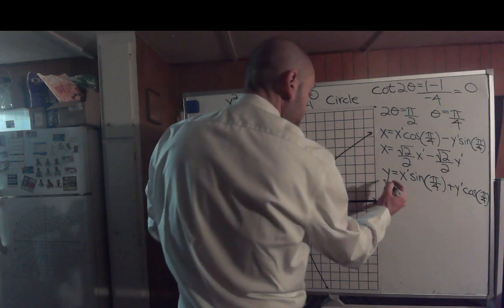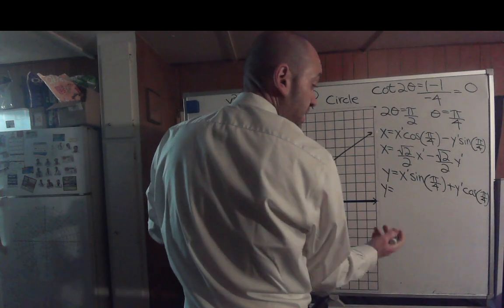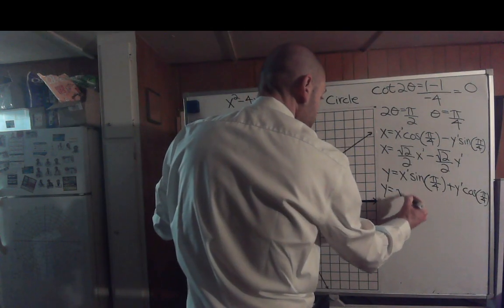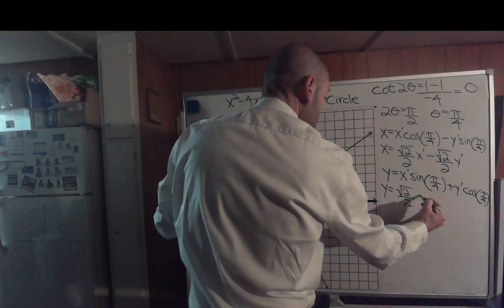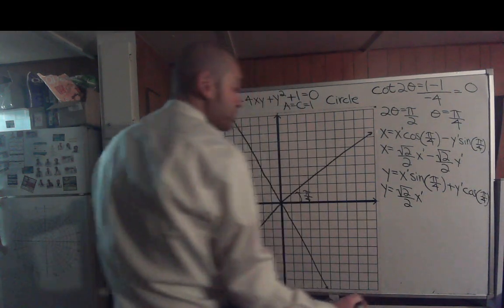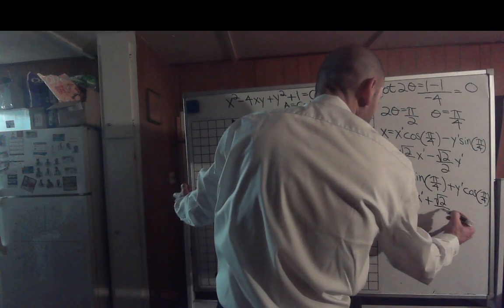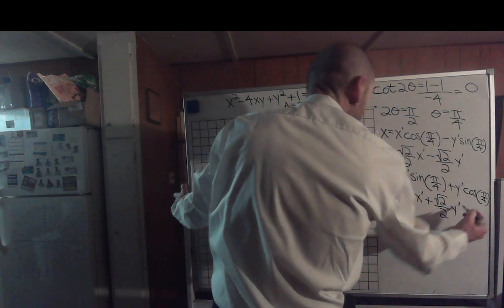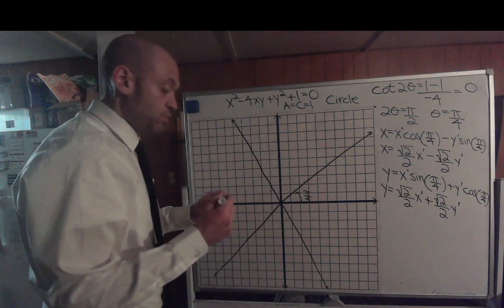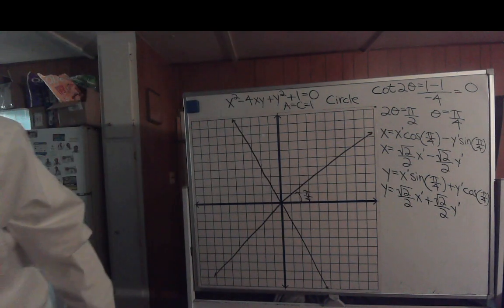Okay, so sine of pi over 4 is square root of 2 over 2, so that'd be the square root of 2 over 2 times x prime, plus the cosine of pi over 4, that's the square root of 2 over 2, times y prime. So now we found our x and y values that we can substitute in.